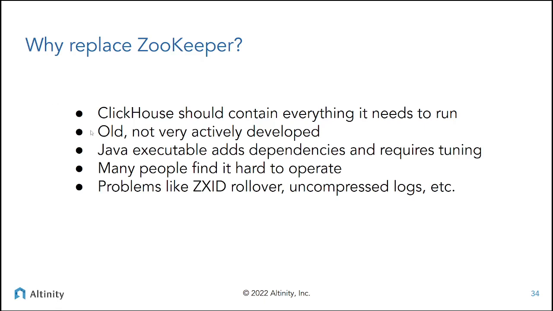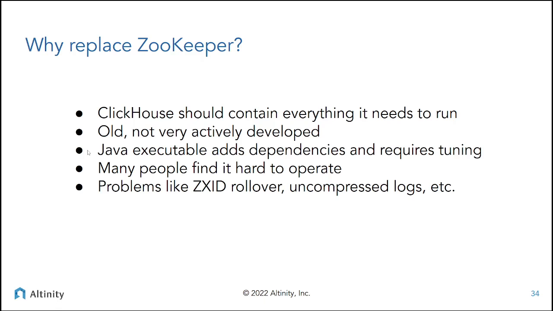Second thing about Zookeeper is it's no longer cool, and I believe it came out of a lot of the Hadoop work, if I recall correctly. It's no longer actively developed like more modern projects, which means that when there are security problems, they don't necessarily get fixed quickly, and new features don't appear very quickly, and so forth.